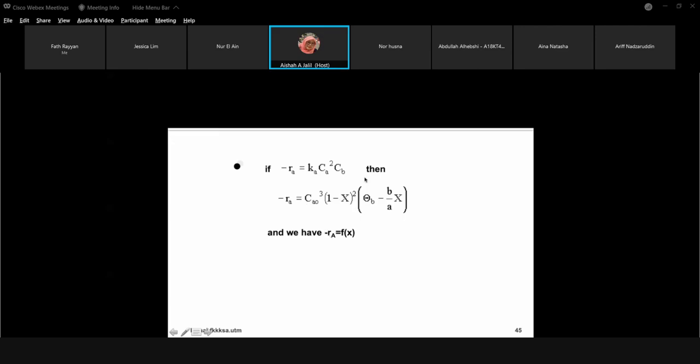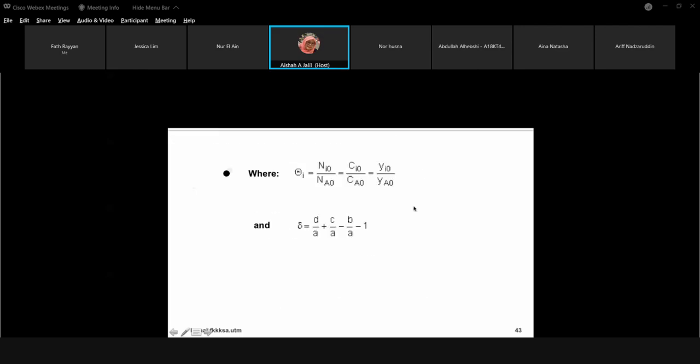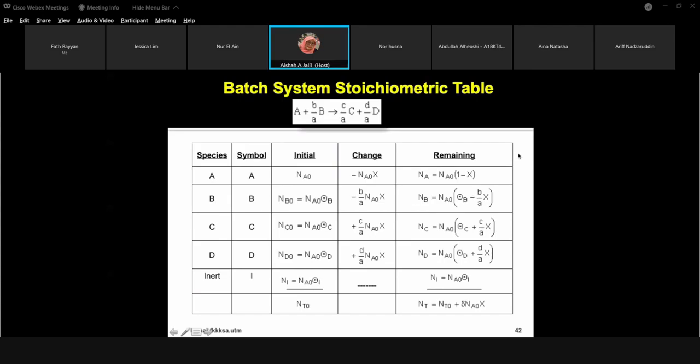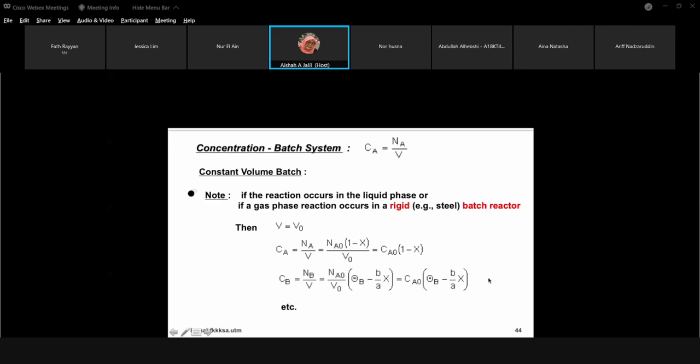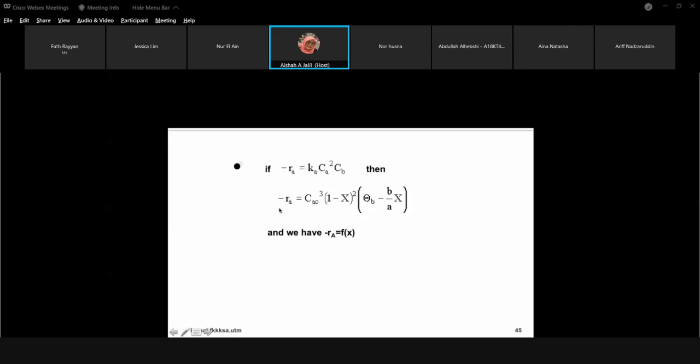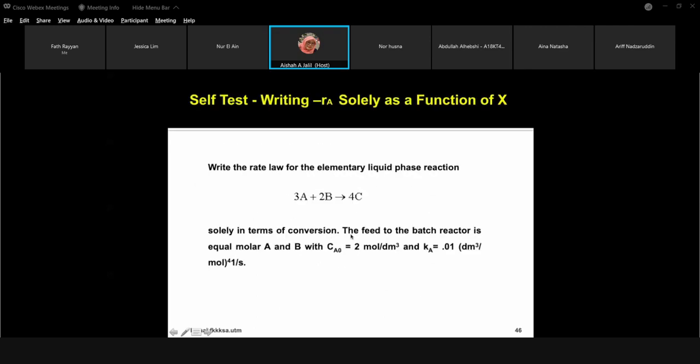You got what I mean? Why do you have to study this? Because you want the last column. You want to express the C in terms of X to get the rate law in terms of X. Okay, this is an example.